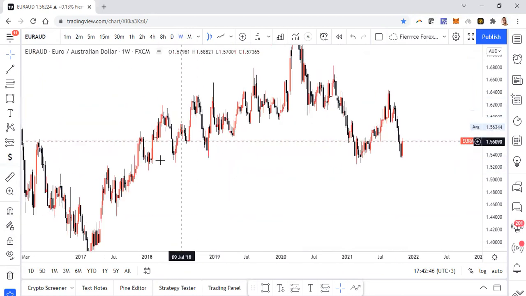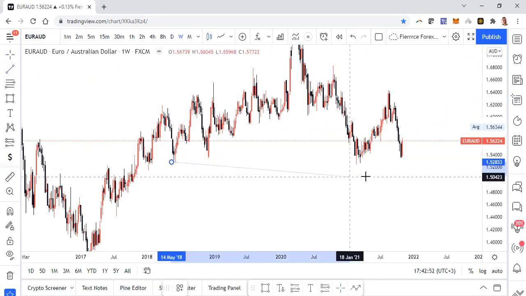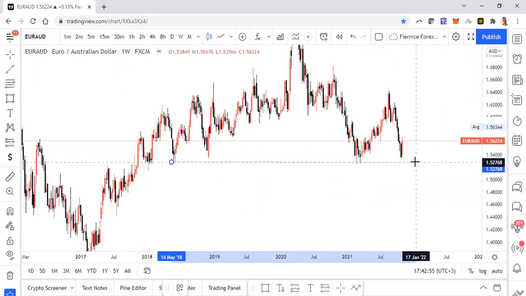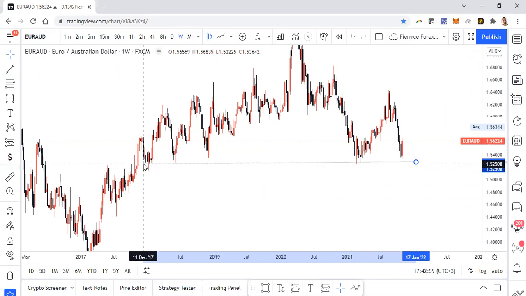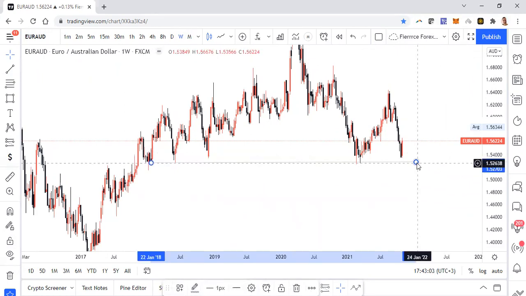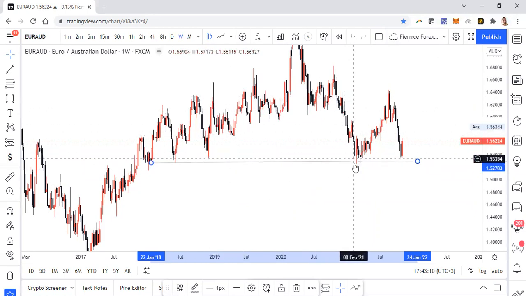We can see this level has not been broken since, let's say, January 2018. Price has just been coming and bouncing off of this zone.